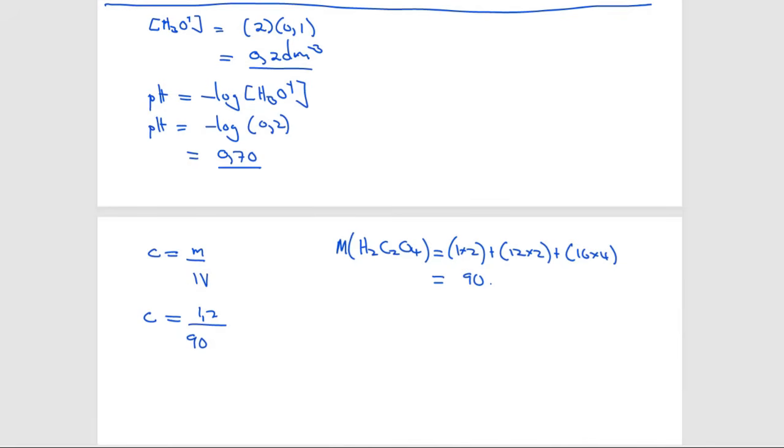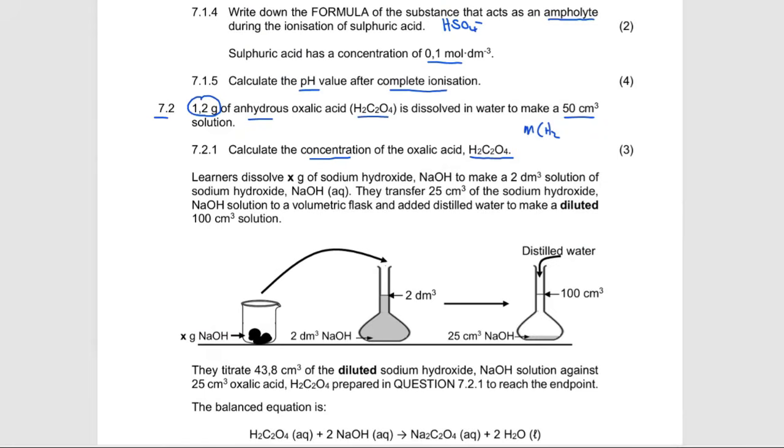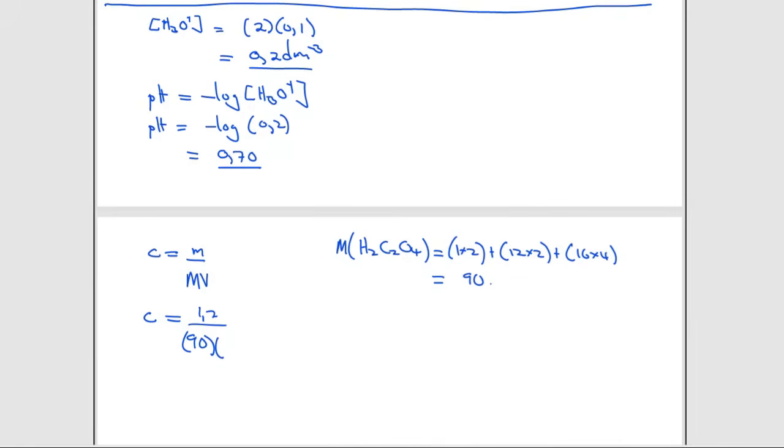Therefore, I'm going to take the molar mass there, which is our 90. Take note there is an M there. So it's 90, then multiplied by the volume, right? So let's look at the volume that we're given there. We're given a volume of 50 cubic centimeters, and this is supposed to be converted to dm cubed by dividing by 1000, right? So I can just say 50 times 10 exponent negative 3, all over that, right?